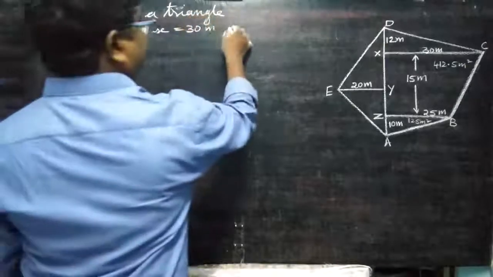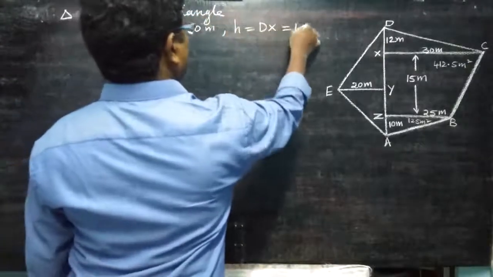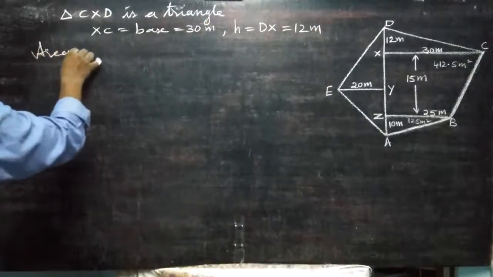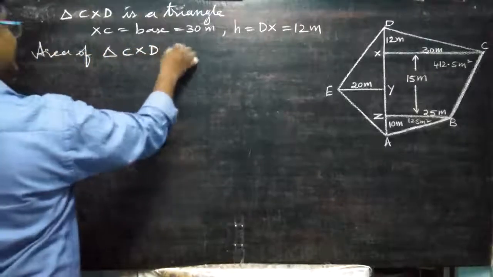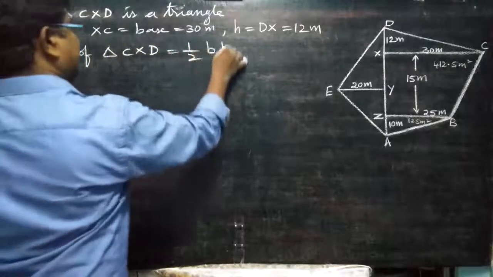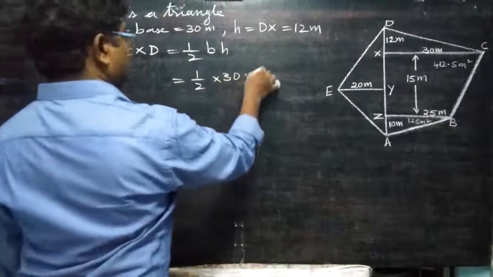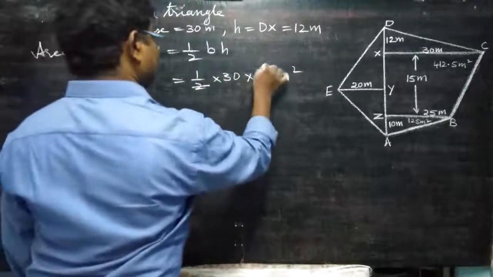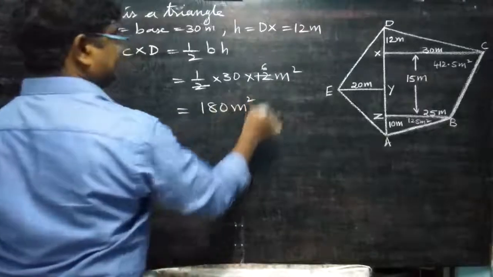Next, height H is equal to DX, 12 meters. Area of triangle CXD is equal to half base into height, half into 30 into 12 meters square. 2 goes in 12 6 times, so 180 meters square.